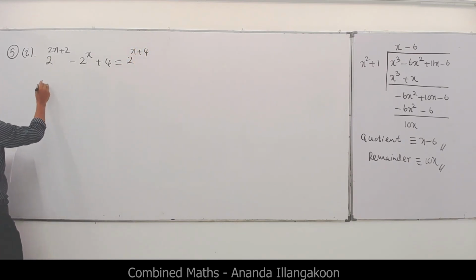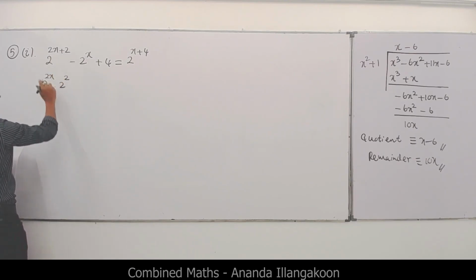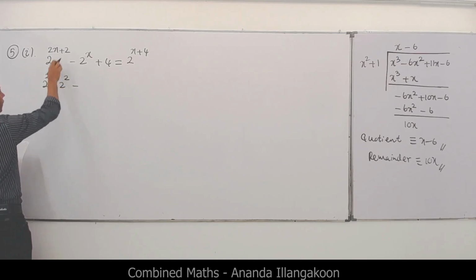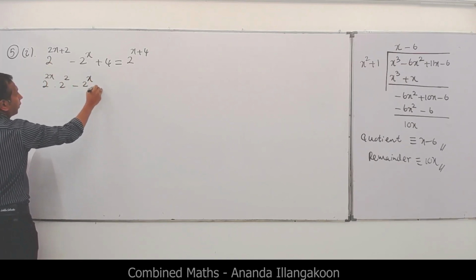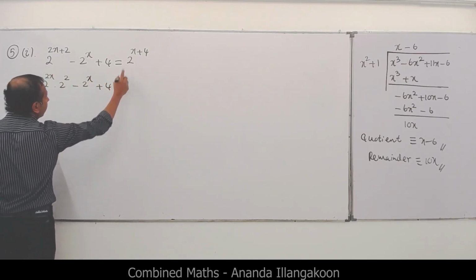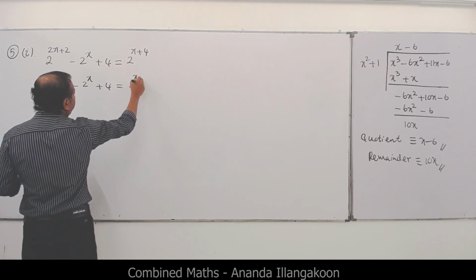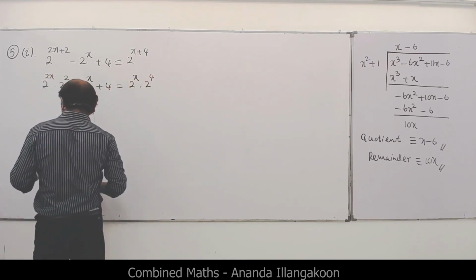We can write this as how? 2 to the power 2x into 2 to the power 2. Correct? Then these bases are equal. When they are multiplied, the exponents we have to add. By this we get this, 2 to the power x plus 4. This one you can write 2 to the power x into 2 to the power 4, like this.